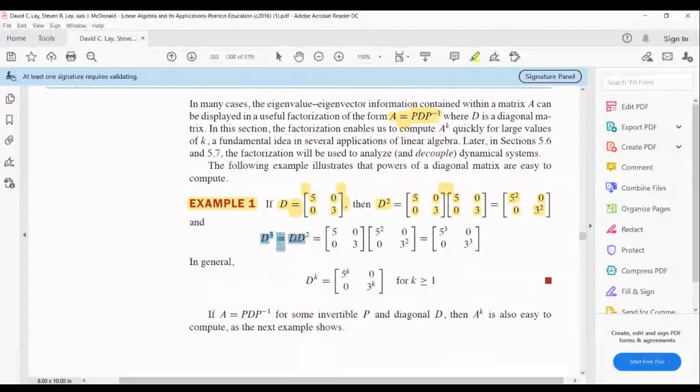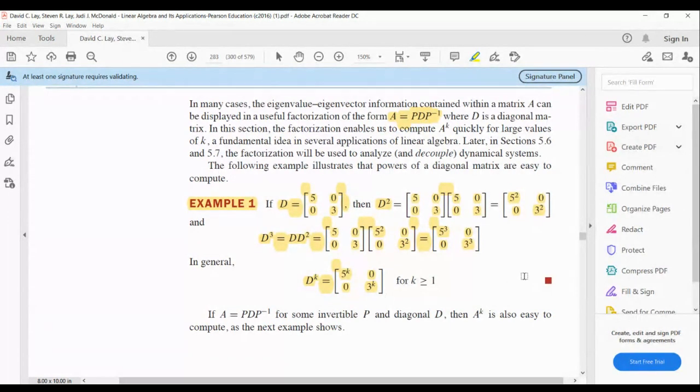If you do D cubed, that's just D times D squared, so the diagonal entries are cubed. And in fact, D to the kth power is just the diagonal matrix with 5 to the kth power and 3 to the kth power along the diagonal.